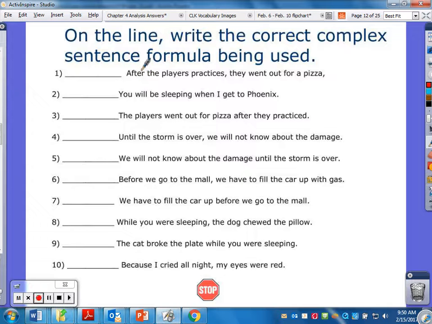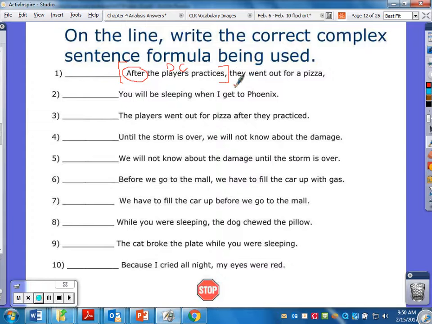If you said after, you are correct. We are going to circle it. It's like our headlight. A headlight of a car is the first thing you see on a car. Well, the first thing you see in a dependent clause will always be the subordinating conjunction, so we're going to circle them. If this is our subordinating conjunction, then that means this entire clause is our dependent clause.